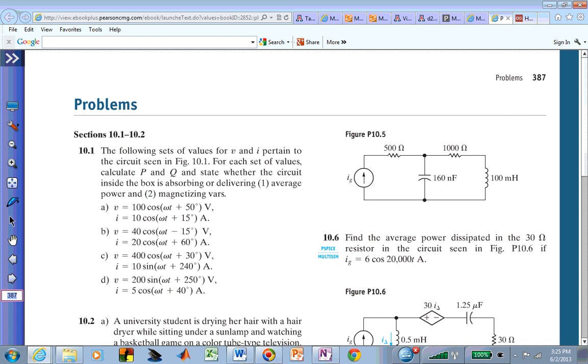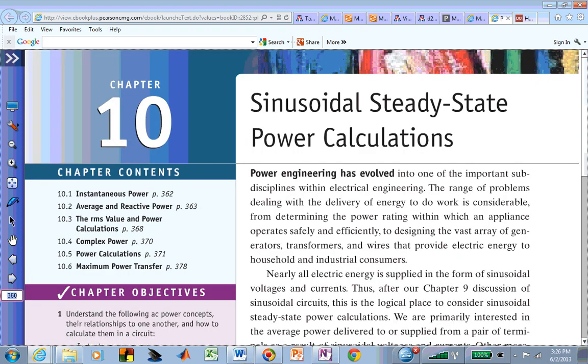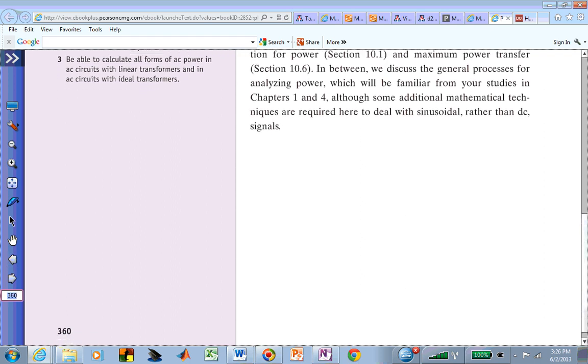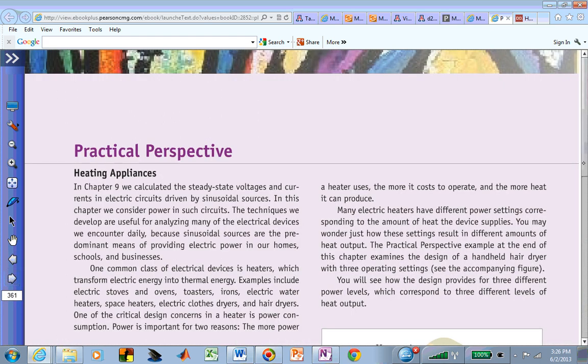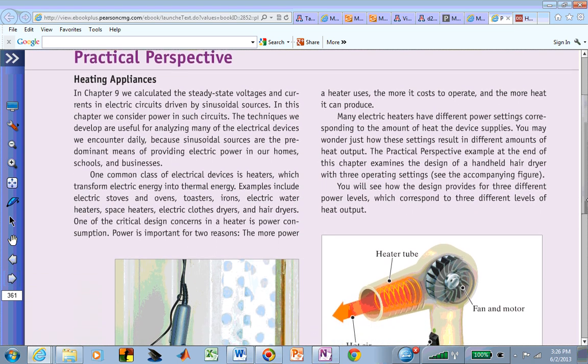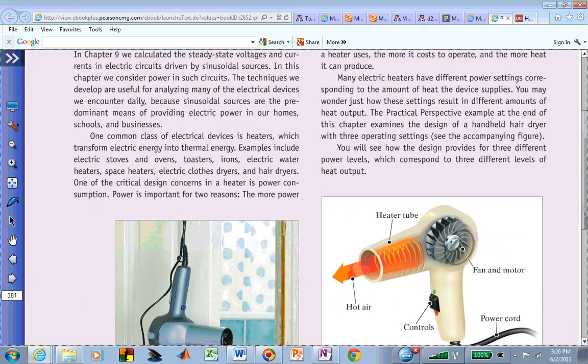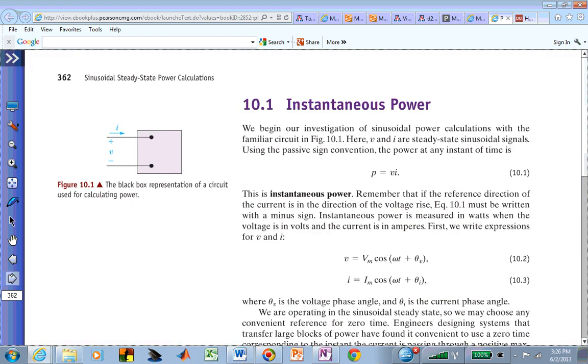Once you've determined where you are relative to what sections you need to be looking at, you might now go back to the start of the chapter and just start browsing through and looking at what you are going to see. These practical perspectives sometimes are very helpful to relate the concepts to something practical.